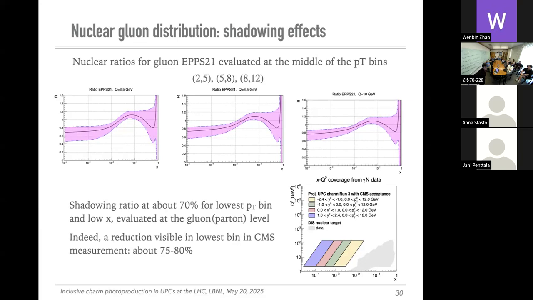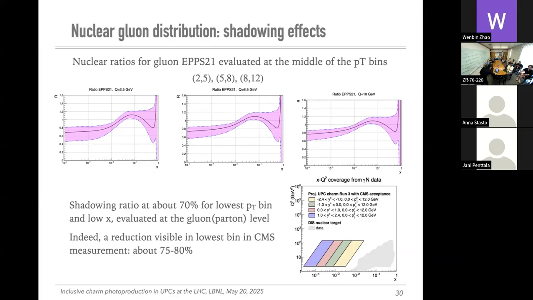So here you get this 25, 30% reduction, 20% and less. I mean, it depends also where you are. For the highest PT bin, I think the measurement is somewhere here. So it just gives you consistency in how things look.